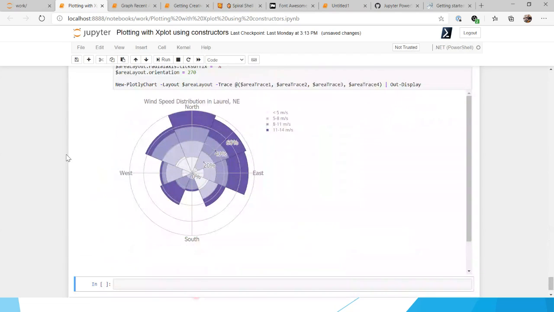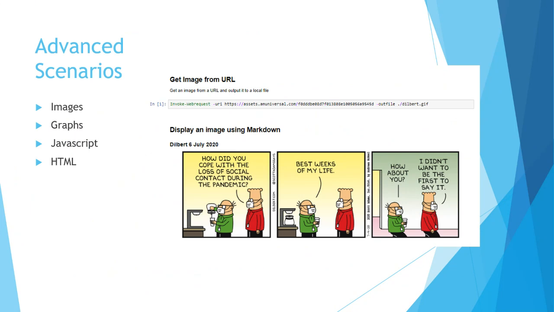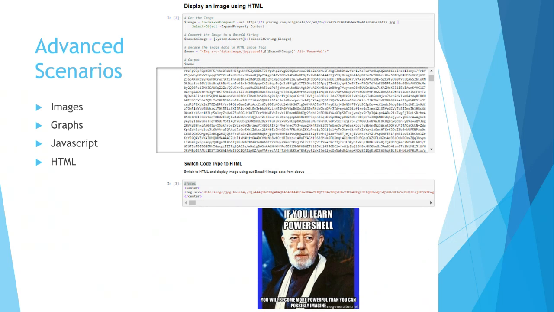All right, jump back to the slides. So what I've shown you there is some scenarios on how you can get from a web request an image and display it as Markdown. We've seen how we can get an image and then keep it all in process.